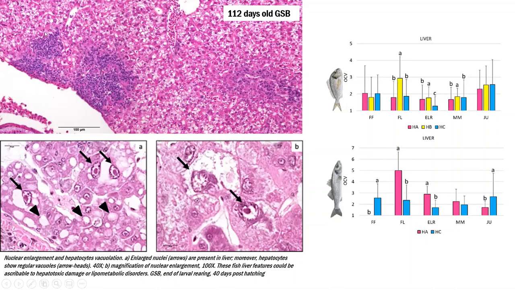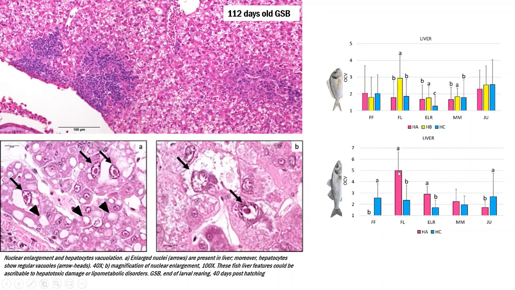In this picture, we have a slight fat accumulation, but cellular infiltration foci are present. And in this picture, you can see some nuclear atypia. Maybe this aspect can be ascribed to the use of antibiotics or other toxicants present in the water, of course.